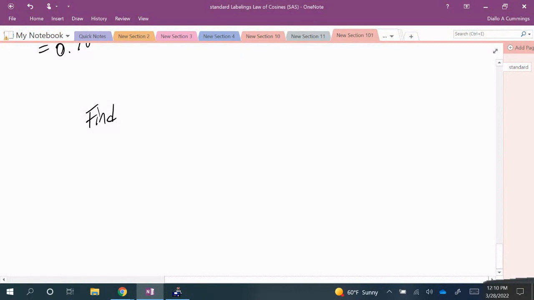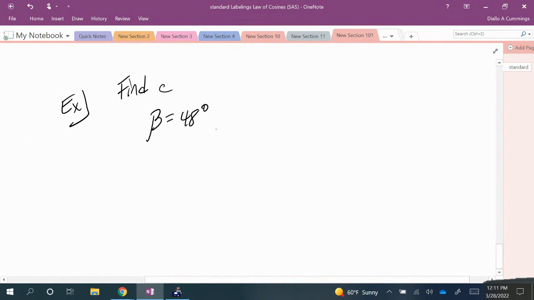Find, this is just an example. We're asked to find C. And we're given that beta is 48, A is 107, B is 45.